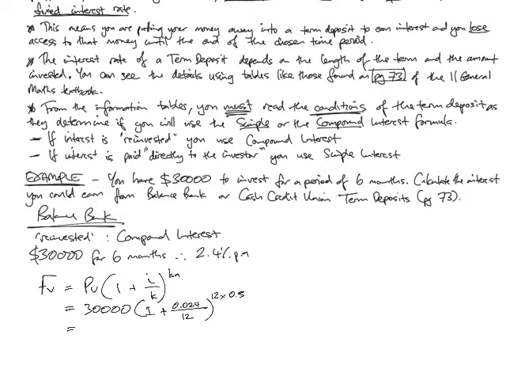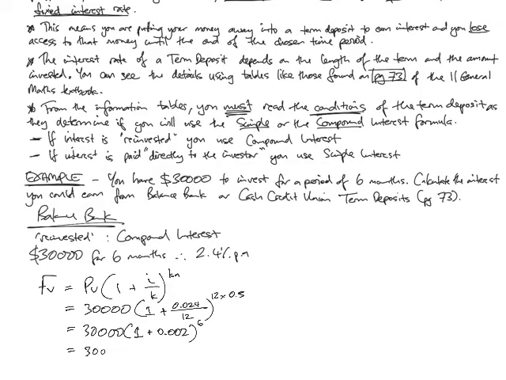So what does that come to? 30,000 times... I need to work out what 0.024 divided by 12 is. So that's going to be 1 plus 0.002, and then 12 times a half is going to be 6.